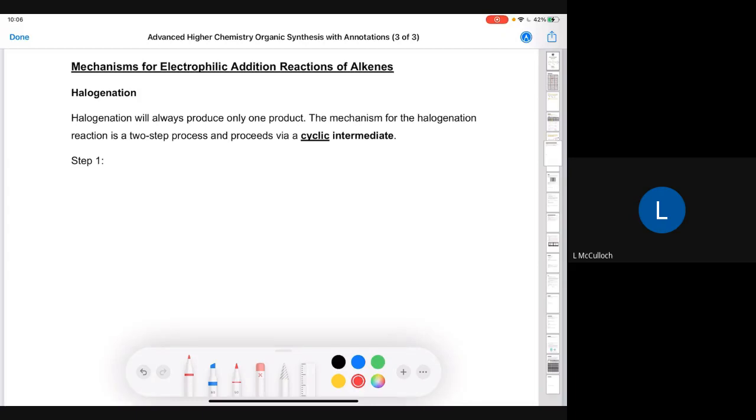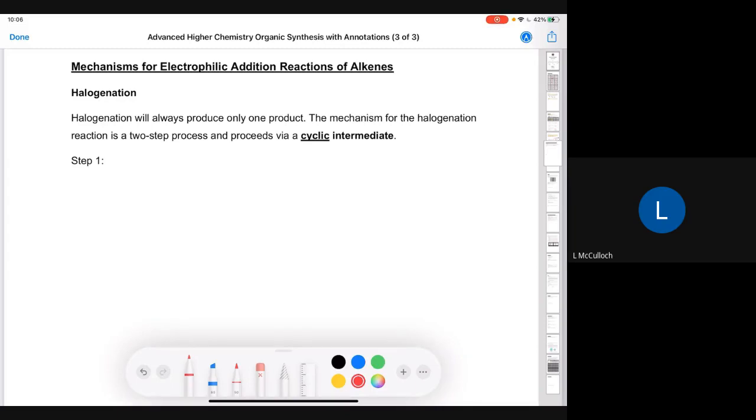So for a halogenation, we will always produce just one product, and the mechanism for a halogenation reaction is a two-step process and proceeds via a cyclic intermediate. So this one definitely has the most in way of curly arrows. So we'll have a wee look at this one here.